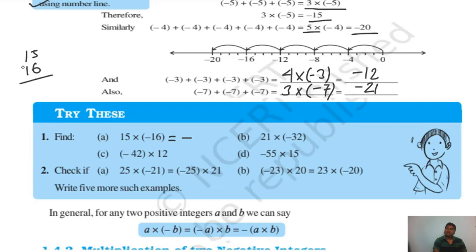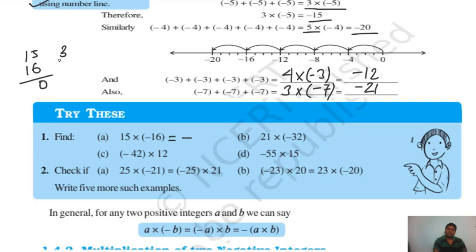We can multiply these two-digit numbers this way: 6 into 5, that means 6 ones are 6, 6 twos are 12, 6 threes are 18, 6 fours are 24, 6 fives are 30. Okay, this is 30.